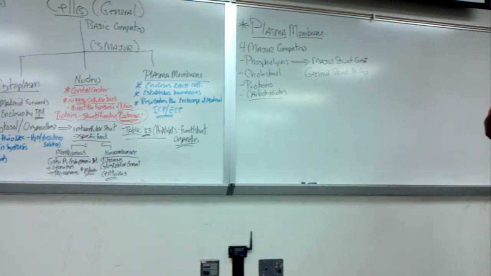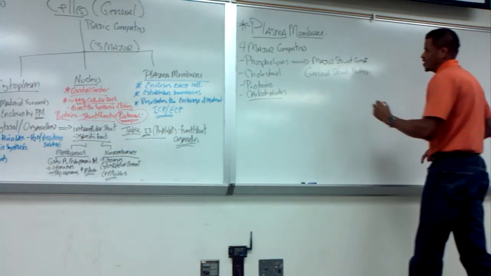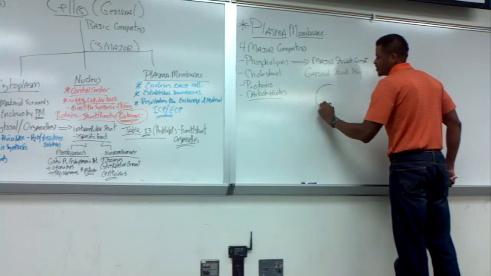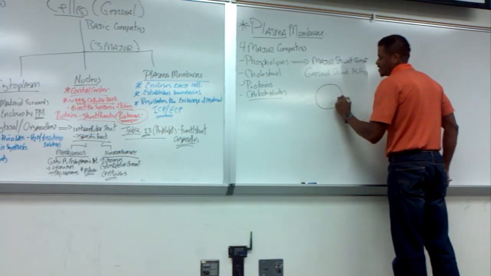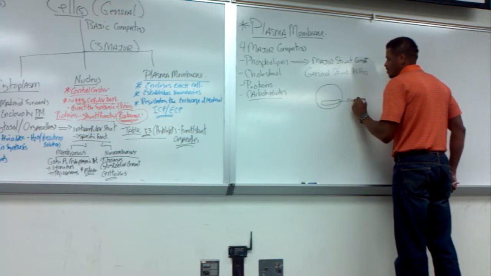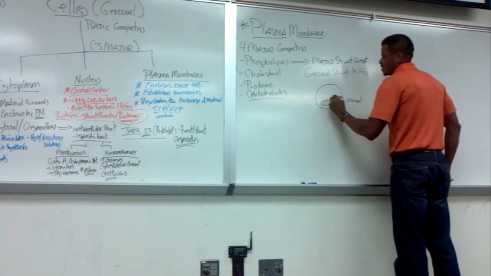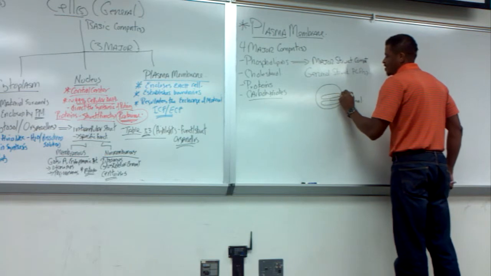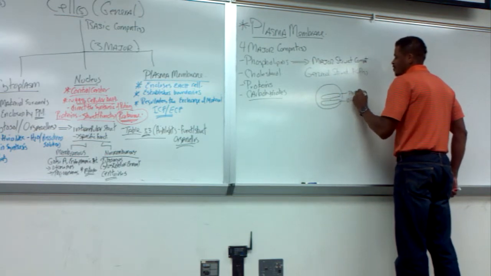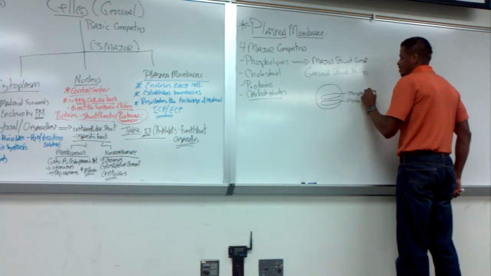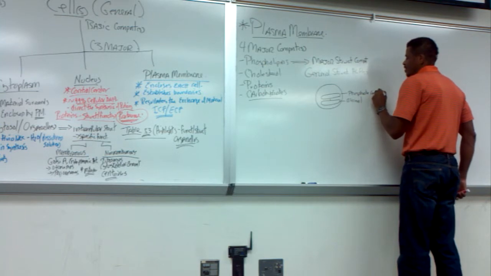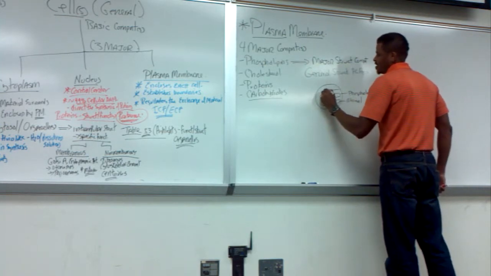So we draw a cartoon-like structure of the phospholipids. We have a molecule of glycerol covalently attached to a phosphate group, and the phosphate group will be attached to a nitrogen-containing molecule called choline.